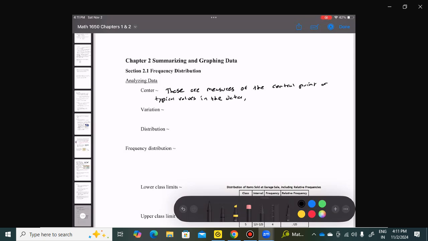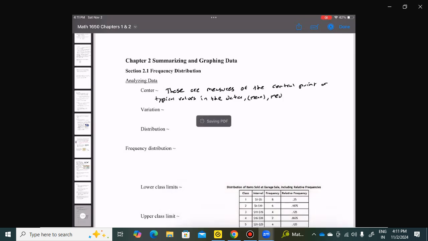Okay. One may be the average, which we call mean, but there's also the median, the mode, and the mid-range that we'll look at.